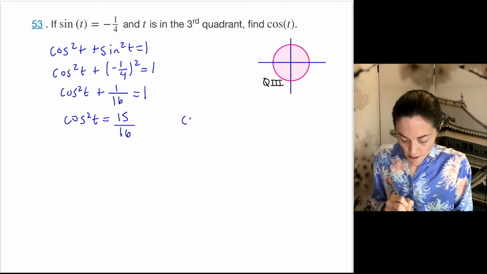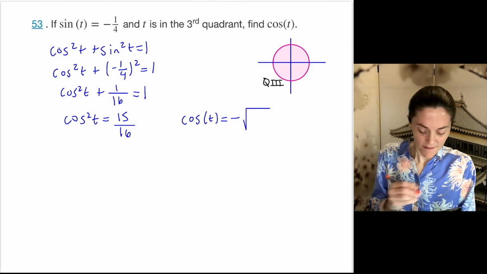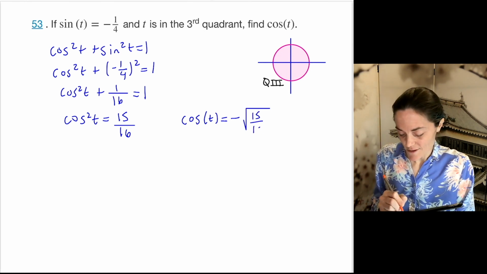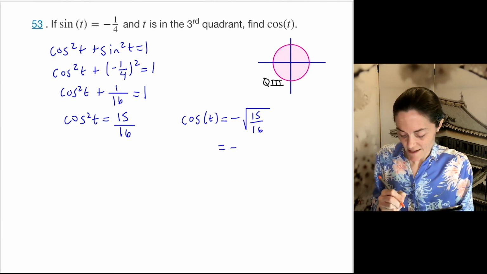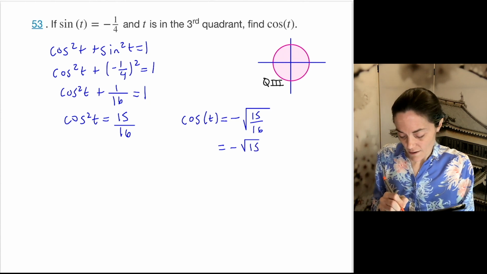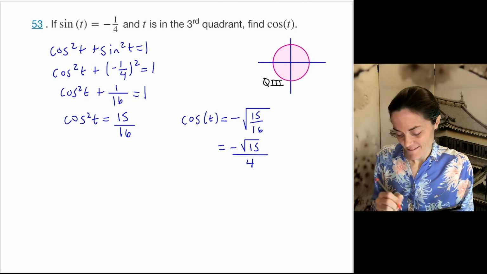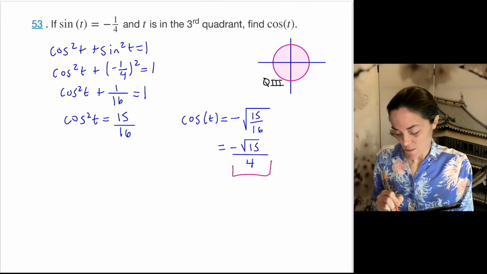And so the cosine here will be negative the square root of 15 over 16, which is negative the square root of 15 divided by 4. This would be my answer here.